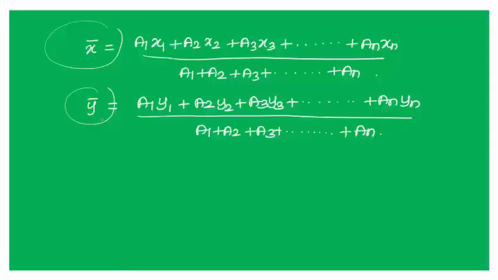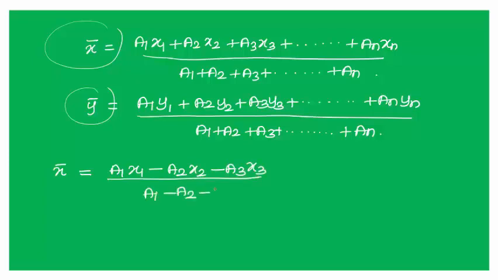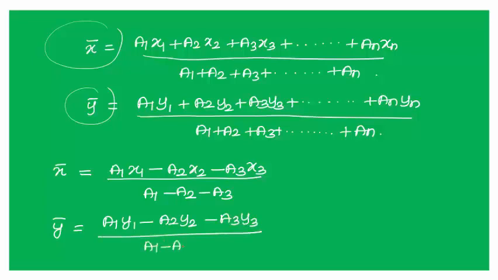So the x bar formula for the given case is a1x1 minus a2x2 minus a3x3 divided by a1 minus a2 minus a3, and y bar for the given case is a1y1 minus a2y2 minus a3y3 divided by a1 minus a2 minus a3.